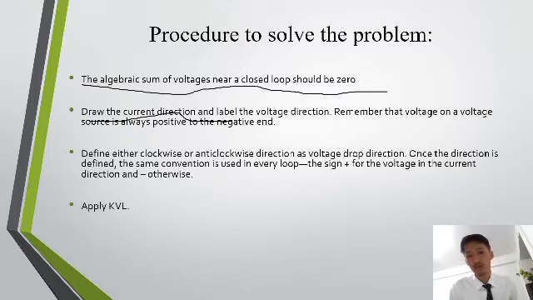Once you take the current as positive in a certain direction in a loop, you will not change the sign of that particular voltage. So define either a clockwise or anti-clockwise direction as the voltage drop direction. Once the direction is defined, the same convention is used everywhere.